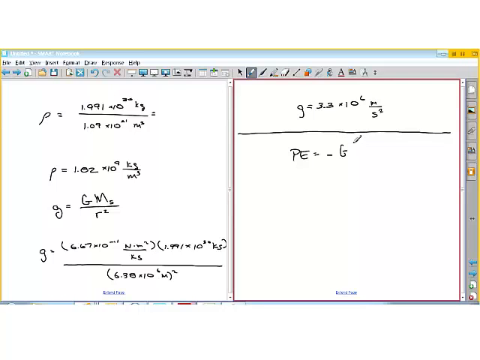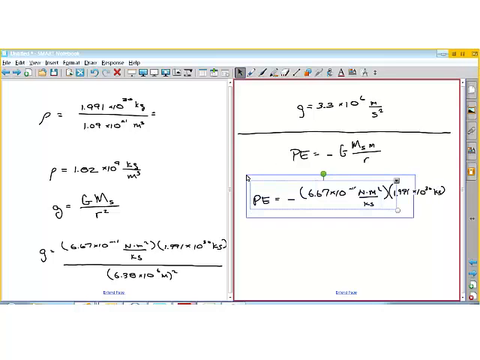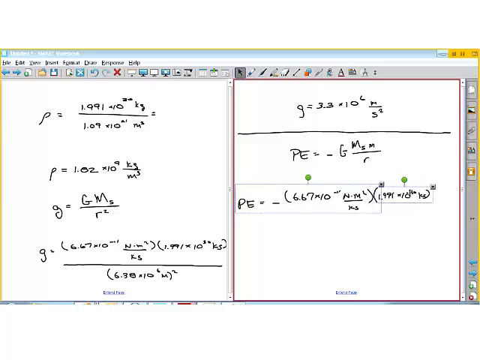Potential energy is minus G, mass of the Sun in this case, times the mass of the object divided by R. So we have negative G, 6.67 e to the negative 11th, the universal gravitational constant, Newton meters squared per kilogram squared, times the mass of the Sun, which we have right here, 1.991 times 10 to the 30th kilograms, times the mass of the object, which I think was 100 kilograms. 1 kilogram. Okay, that's easy.